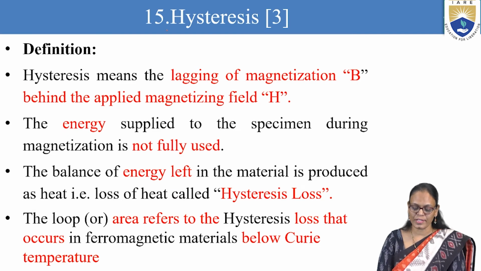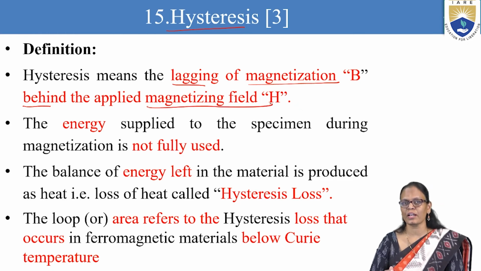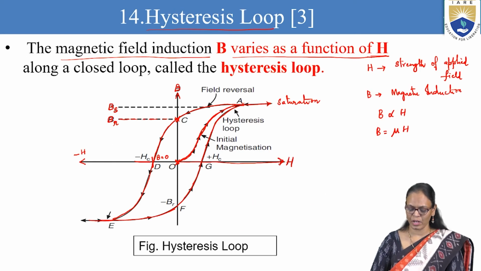Now let us see what hysteresis is. The definition: it means the lagging of magnetization B behind the applied magnetic field H. If H increases, B increases initially, but it is always lagging behind, because when H is 0, B is not 0.